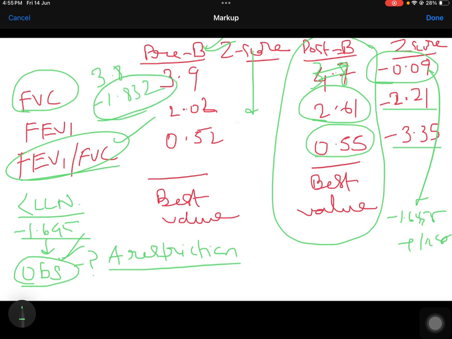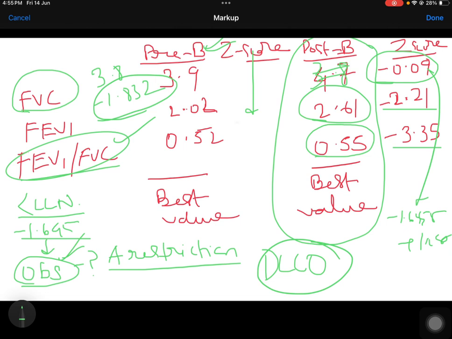Now in this case you get a fair idea that FVC is also reduced compared to the normal distribution. That is, FVC is reduced below the lower limit of normal. That means a restriction component is present. To confirm that, we need a DLCO, which I will tell you in the next video, how to interpret DLCO and spirometry together.